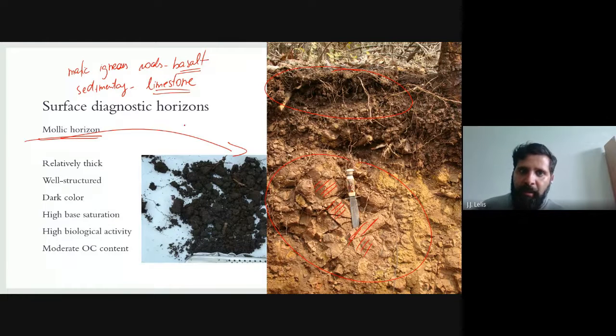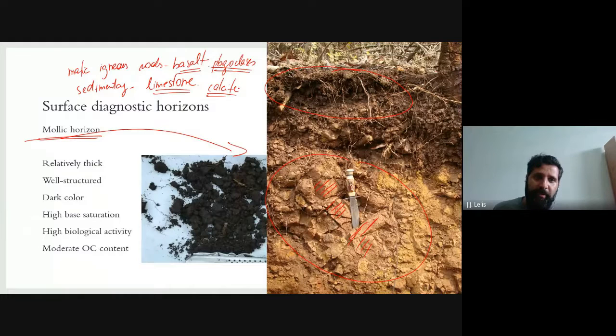Okay, basalt presents a high content of calcium because it's composed especially of plagioclases. And limestone is composed of calcite. They both present a high content of calcium.